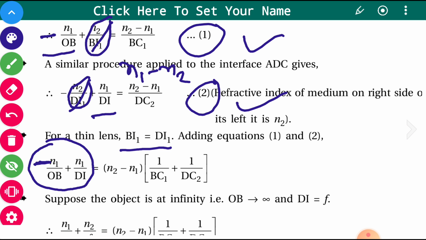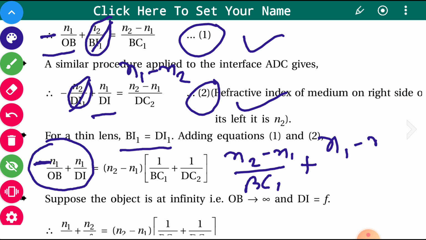And on left hand side, it will be n2 minus n1 upon bc1 plus the other one, that is n1 minus n2. Try to understand, n1 minus n2 upon dc2. Now minus sign is taken common from this. So this positive will become negative.